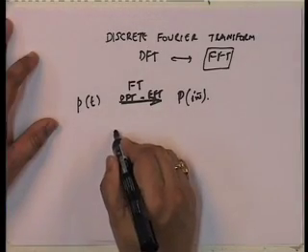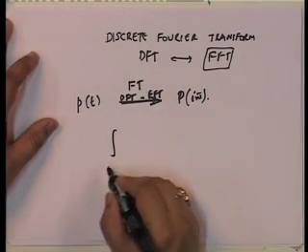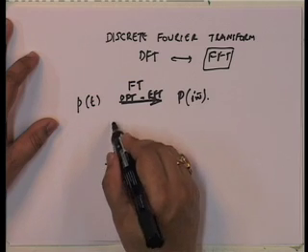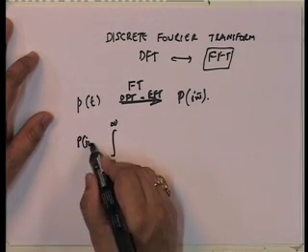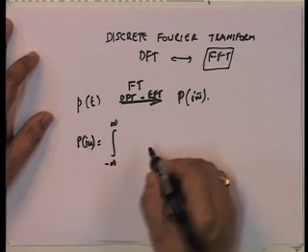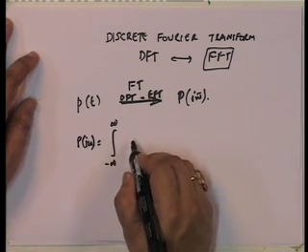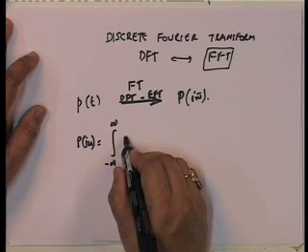Okay. So, now the thing is, what is a discrete Fourier transform? We are essentially saying that, look, this integral, from minus infinity to infinity, which is P(i omega), which is equal to, what was it?